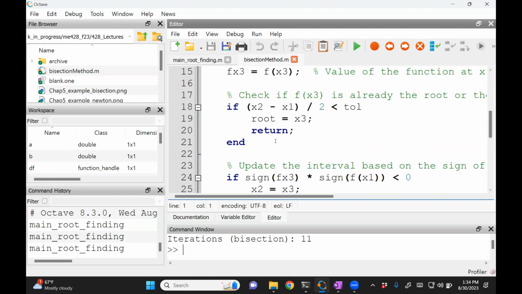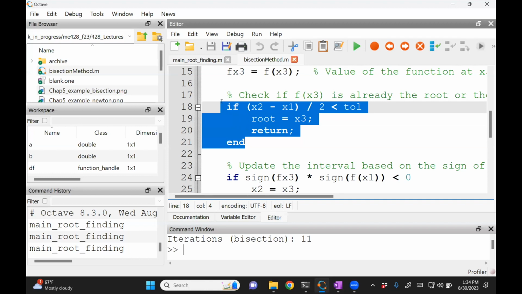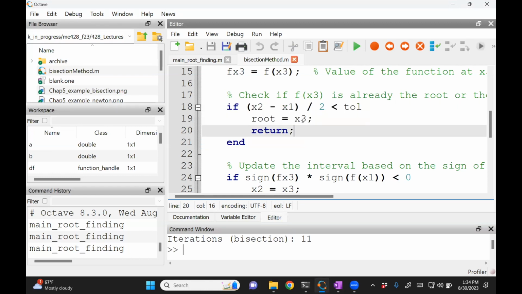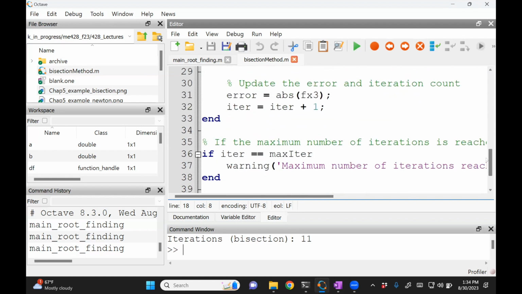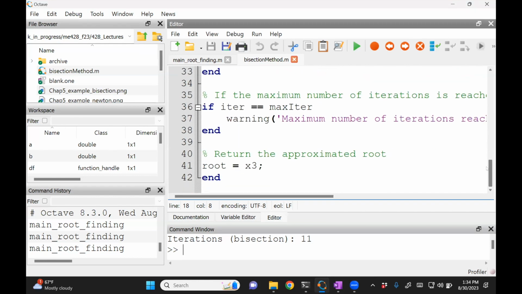And then this is checking if it's within the tolerance. If it is, you just exit. Here, the tolerance is slightly different: it's on how accurate x2 is. If x2 doesn't change much, it basically terminates. But you could also have a condition which terminates based on f of x3 or f of x1. And then there are other things like max iterations reached.